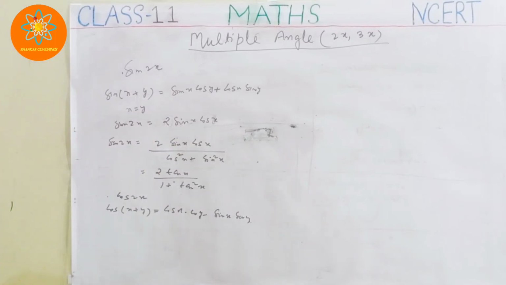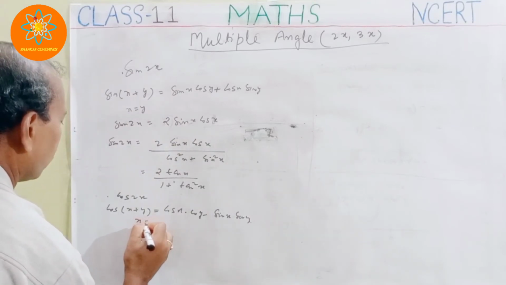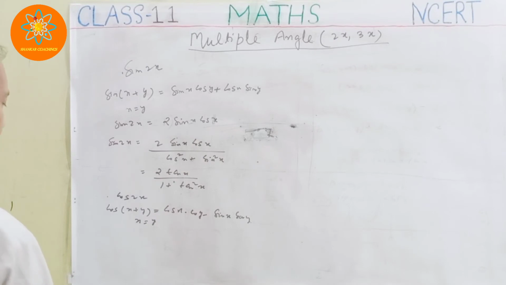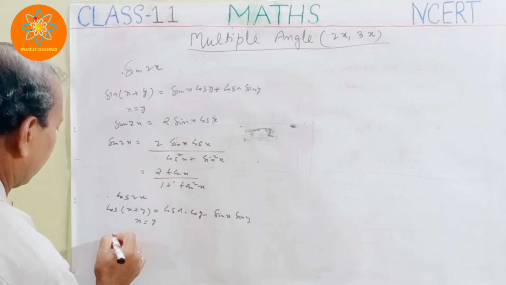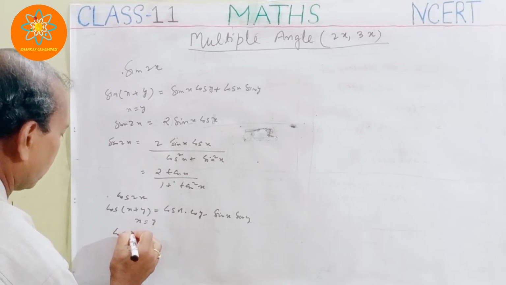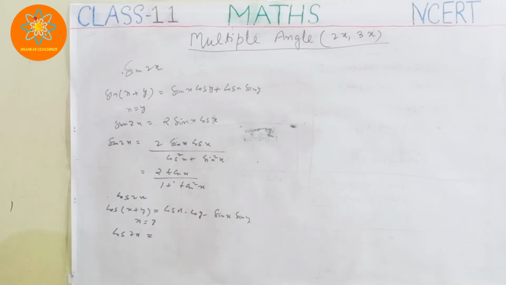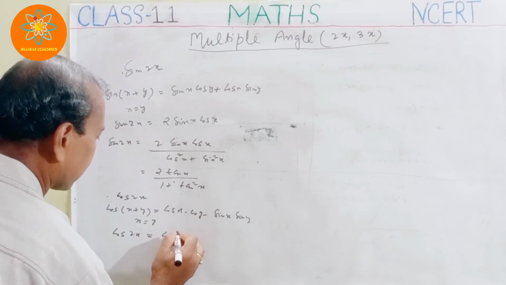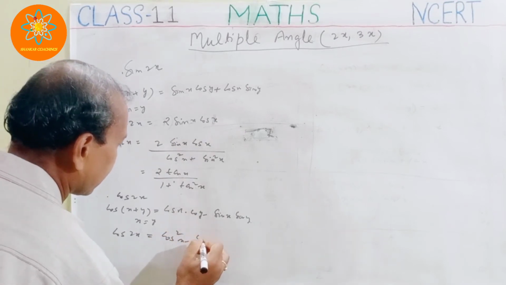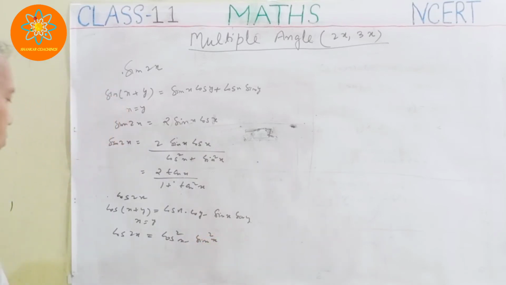Now, if I put x equal to y, then I will get cos 2x, which is equal to cos square x minus sin square x.